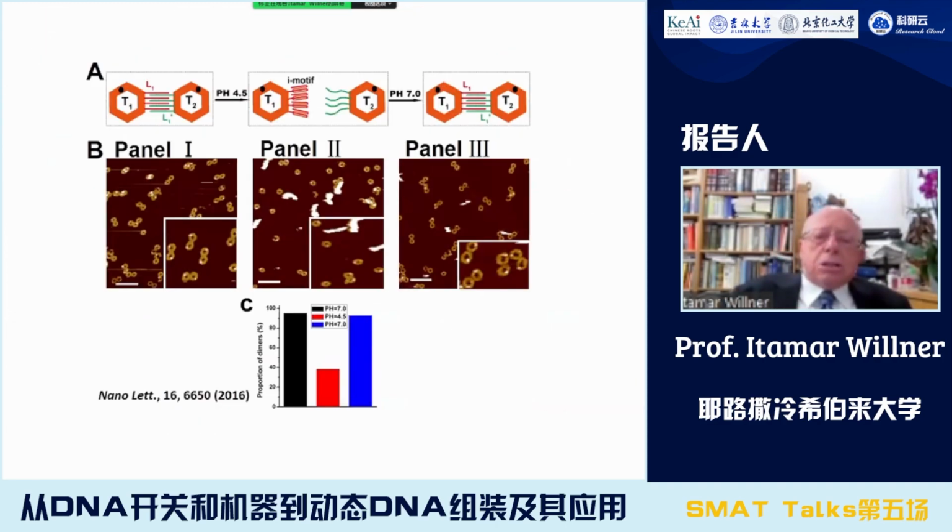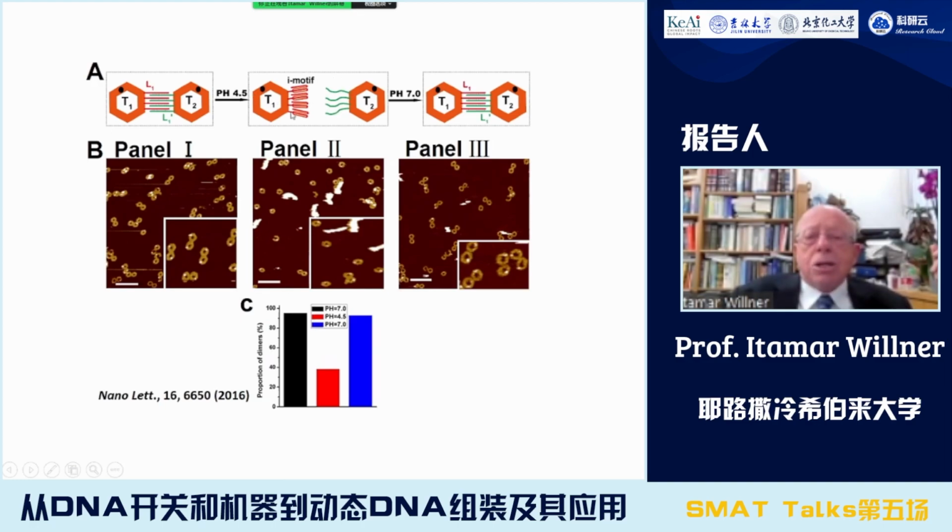We did a related study where we took origami tiles and we were able to dimerize and separate them by, for example, pH. We designed dimers that were interlinked by bridges, where one of the bridges, L1, was rich in C bases.